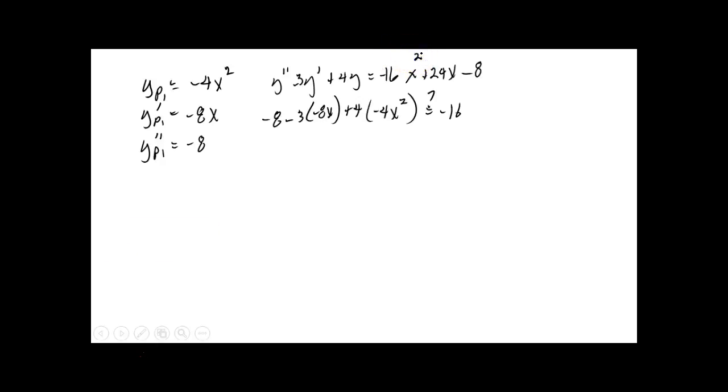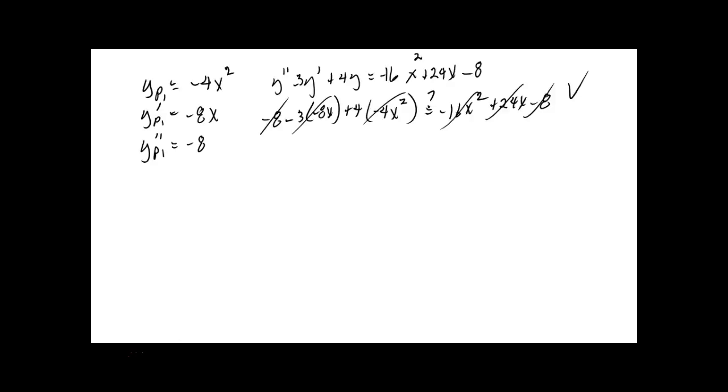Okay. Did I get the rest of it right? I think so. Minus 16x squared plus 24x minus 8. Let's see if indeed that's true. Well, I can tell minus 8 is the same as minus 8, so that's correct. There's a plus 24x. That's correct. And this is a minus 16x squared, minus 16x squared. Sure enough, that one works.